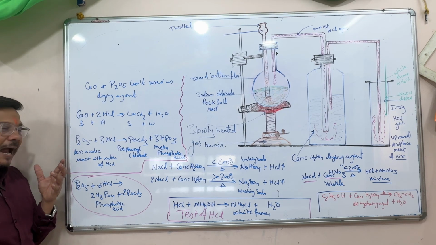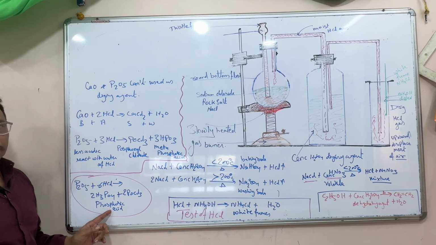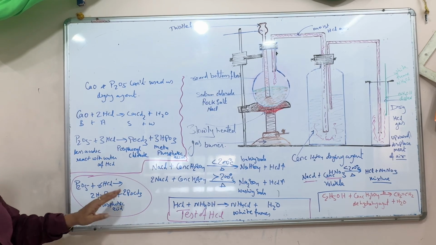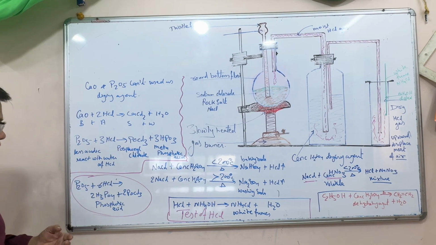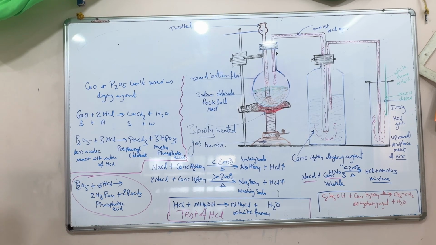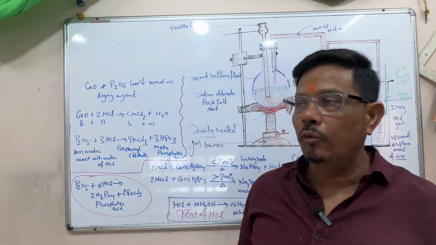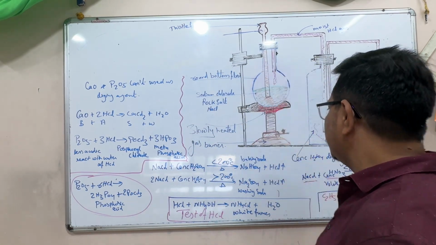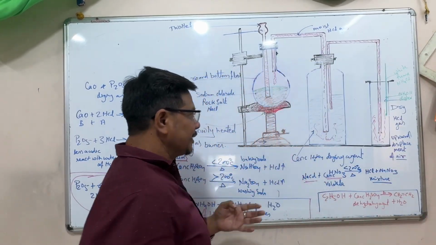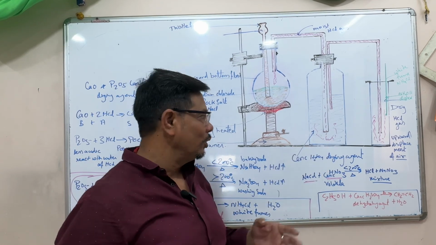First it will create phosphoric acid, then it will create metaphosphoric acid also. So these are the reactions done by phosphorus pentoxide. So we don't use P2O5 or CaO as a drying agent. Here sulfuric acid is used as a drying agent, because it is not going to react with HCl. So we use this.